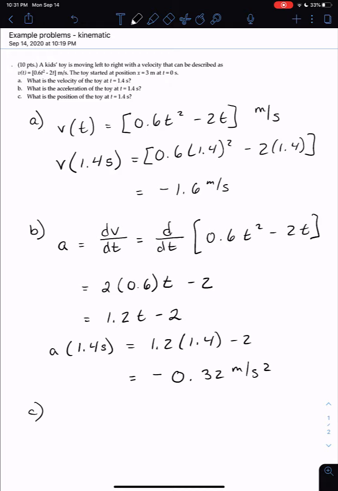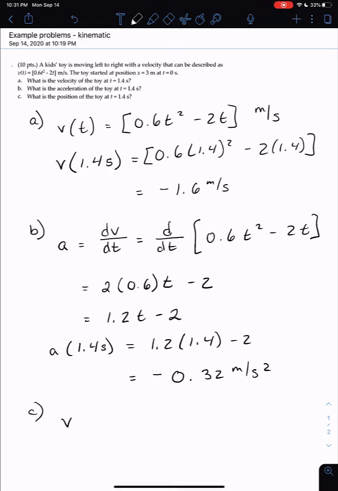Now, in the final part of this problem, we want to find the position of the toy at that same time, 1.4 seconds. So I remember that acceleration is the derivative of velocity with respect to time. So now I need to remember how velocity and position relate to each other.